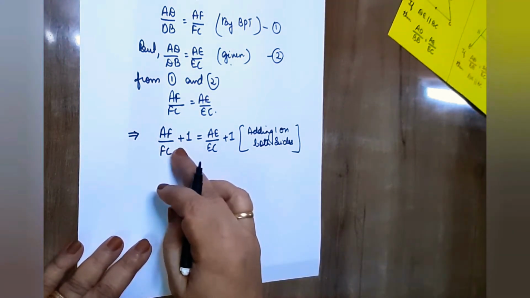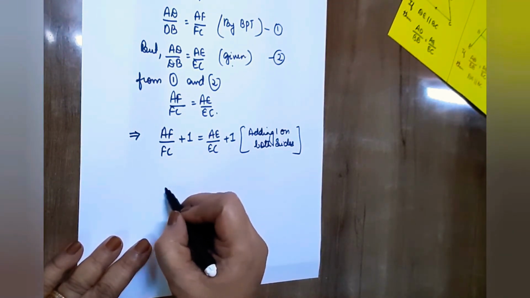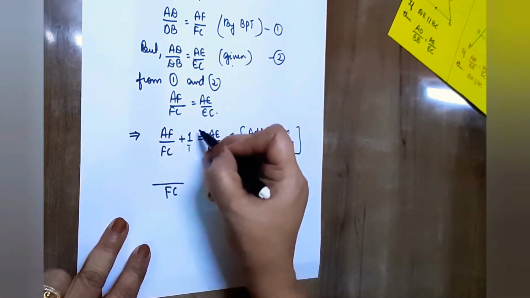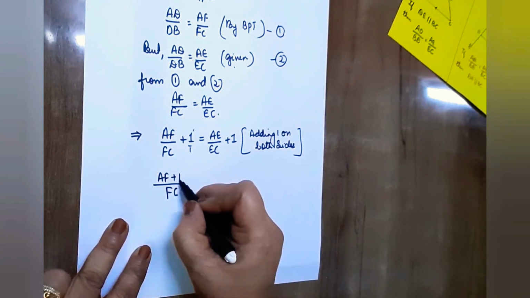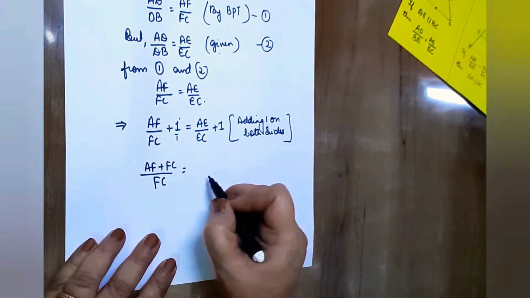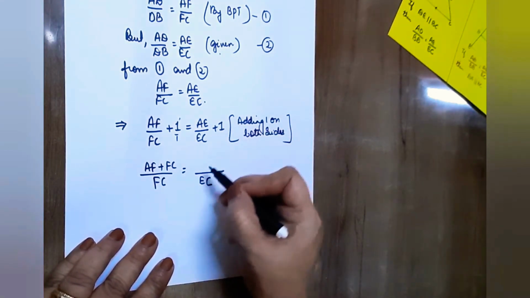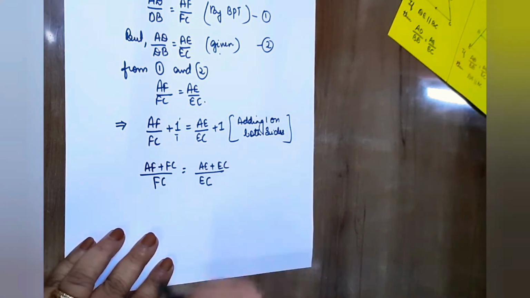Now imagine this 1 is 1 divided by 1. With 1 and FC, the LCM will be FC, so this becomes AF plus FC over FC. Here, what will be the LCM? EC. So AE plus EC over EC.